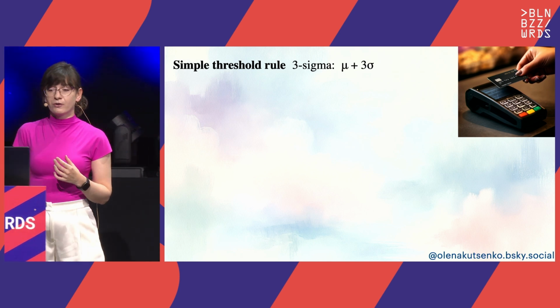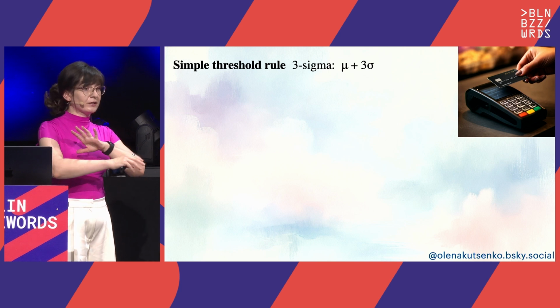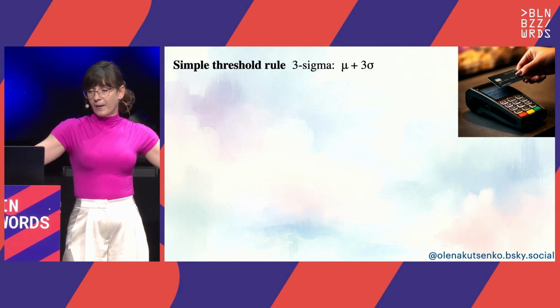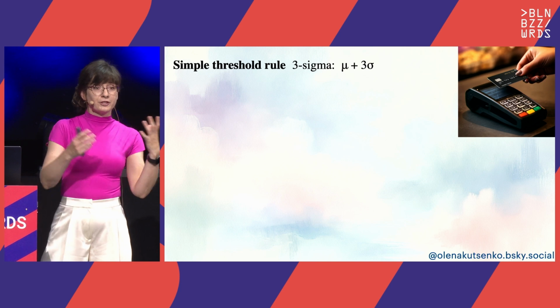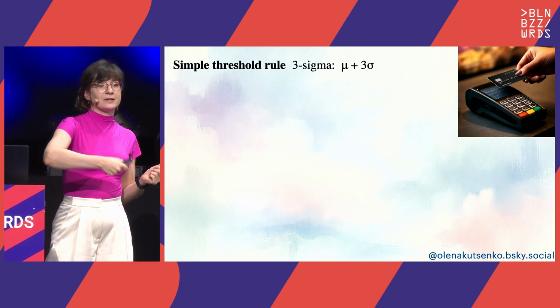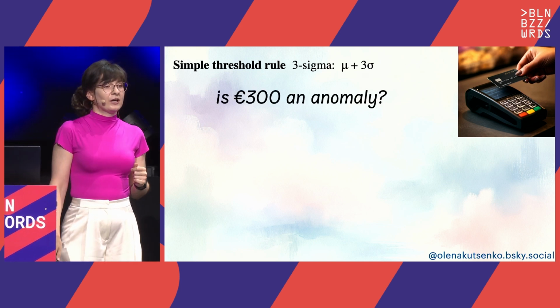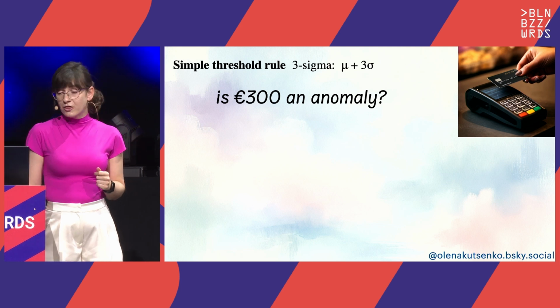This is a simple threshold rule. And we can define, for example, you are looking at the data for a particular user who makes payments with their credit card, and the question is: is a 300 euro payment an anomaly or not?